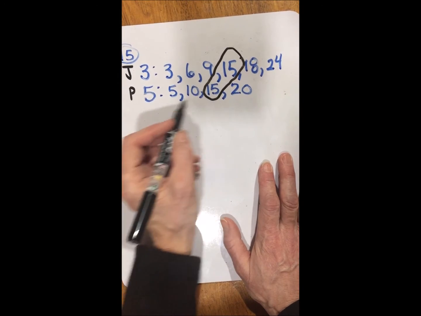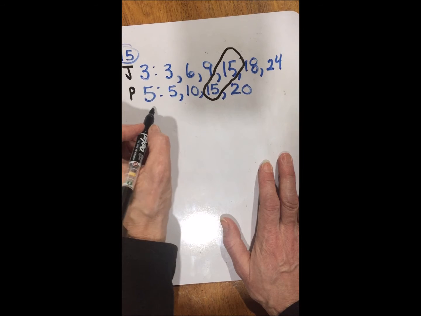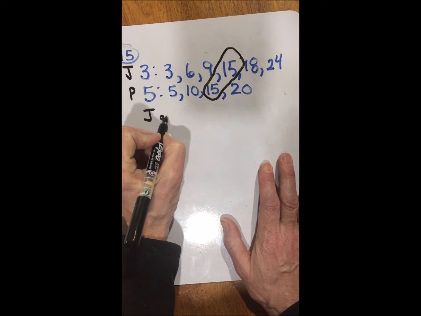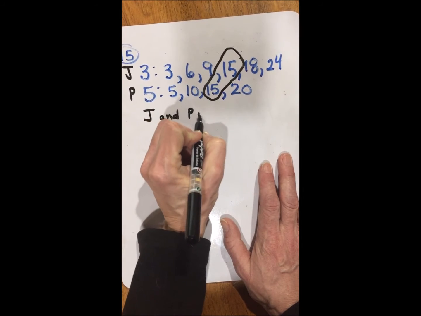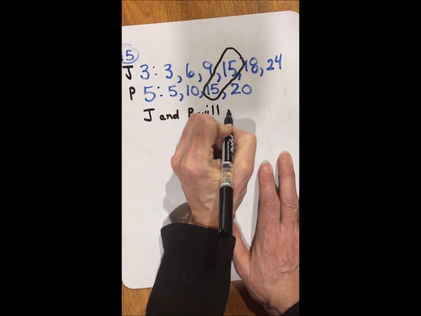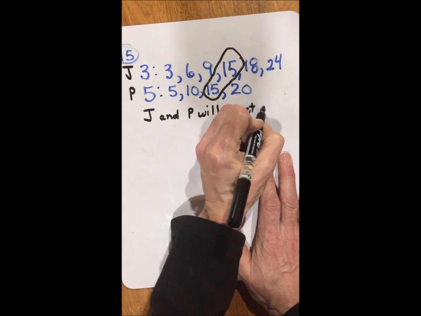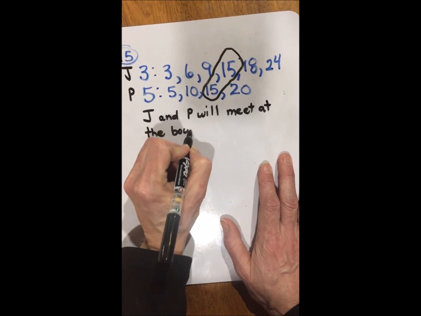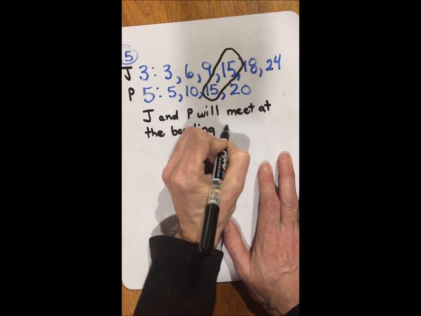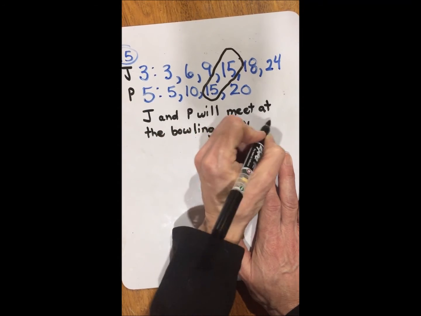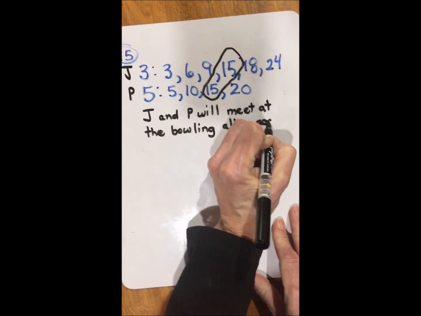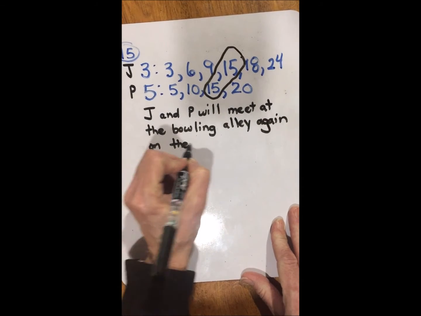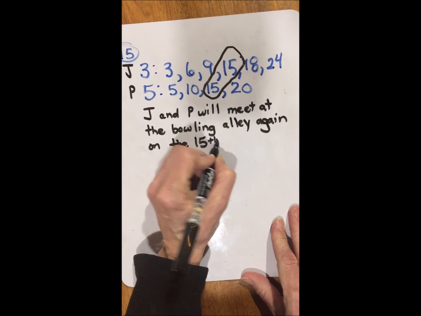They will see each other again on the 15th week. So I'll just put J and P will meet at the bowling alley again on the 15th week.